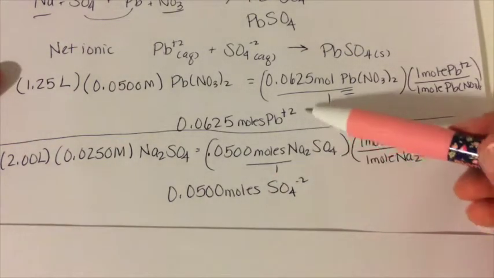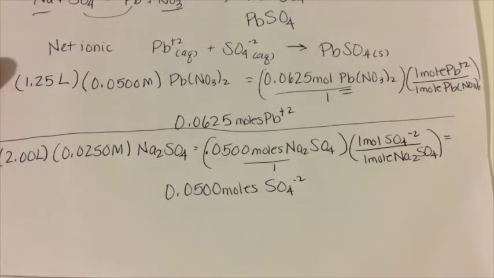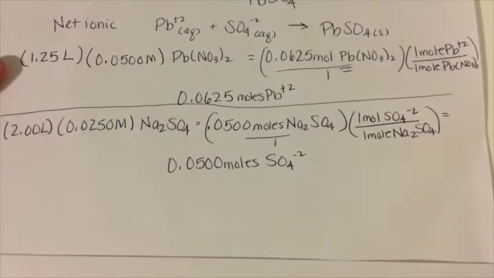And what we want to do with these two numbers is look and see how many moles of product each one of those can produce.